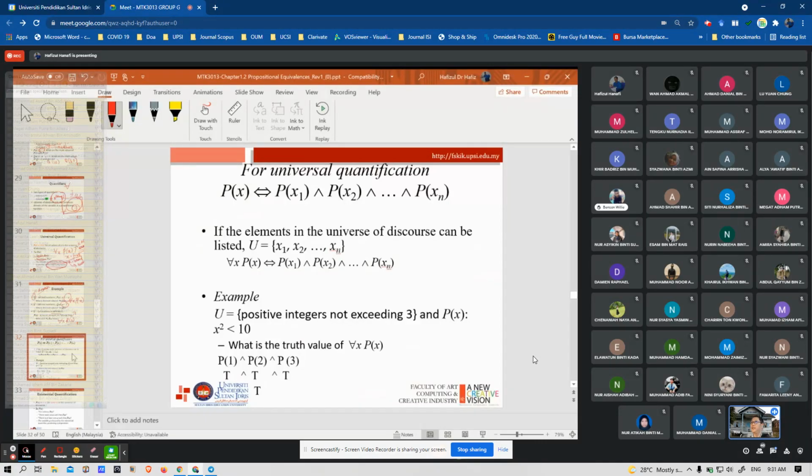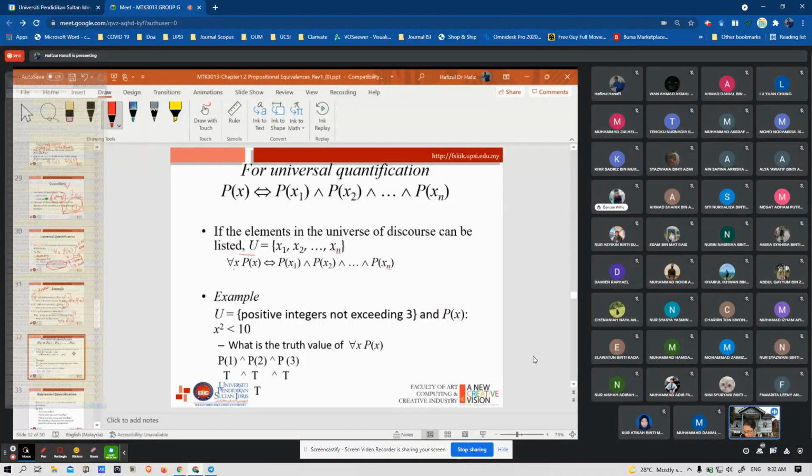Okay, for universal quantification, for all x P(x) is equivalent to P(x1) and P(x2) and so on, if listed. The universe of discourse can be listed as U. This one is for the domain.